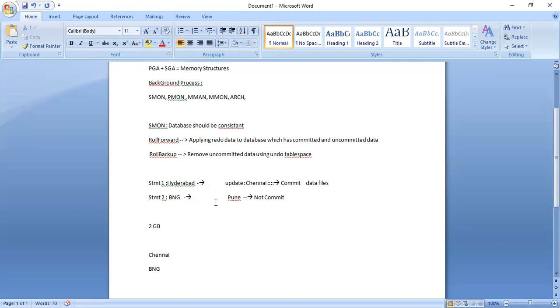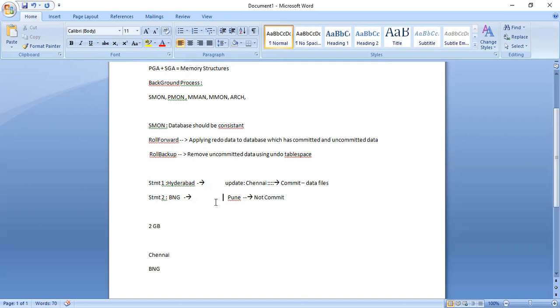I will explain in depth. If you understand the architecture completely, it is very easy to understand how the whole database works, because how the whole database works is there in the architecture only. If you understand that, you can do anything.